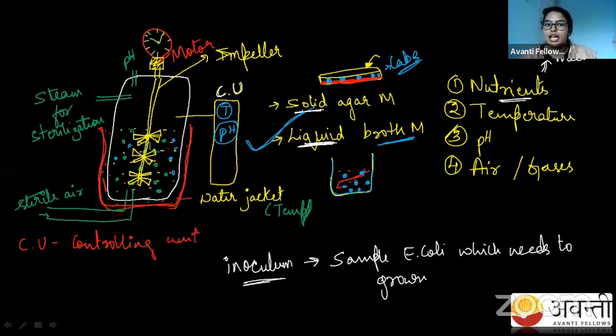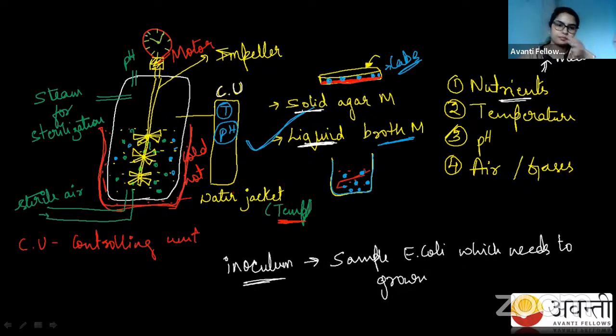For example, the controlling unit senses a very hot condition, so you have to cool down the bioreactor. Then in this water jacket you send cold or chilled water. When you pass the chilled water, the bioreactor will get cold. That is one way. If you want to heat the bioreactor, then you can use hot water. So by this water jacket we maintain the temperature of the bioreactor.